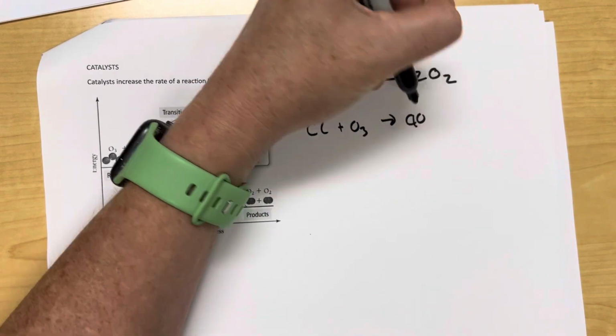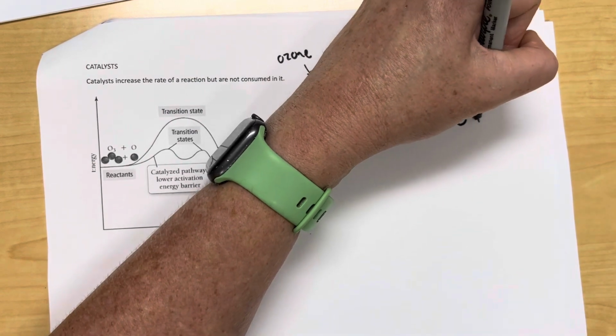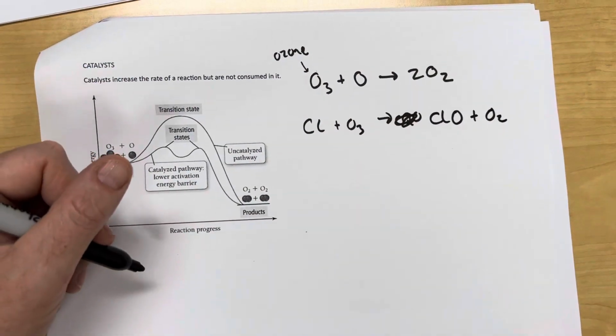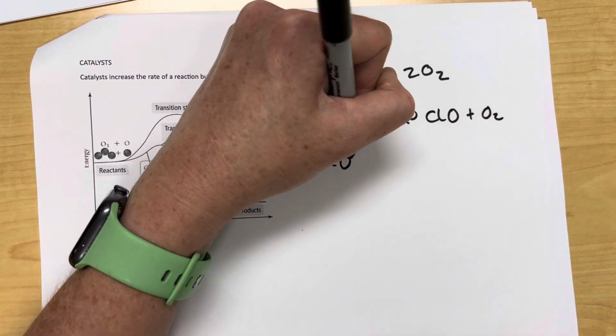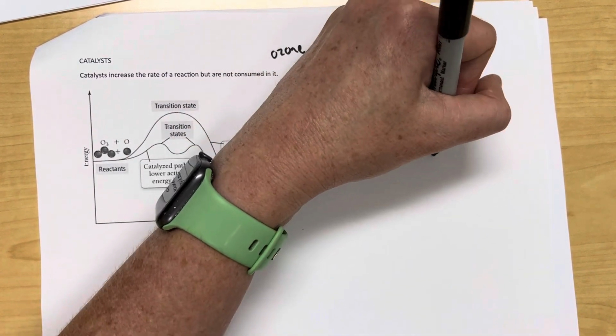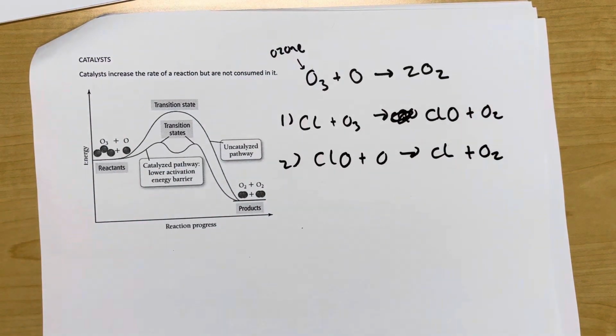I'll just rewrite it as ClO plus O2. So this is step 1. And then in step 2, you get this.